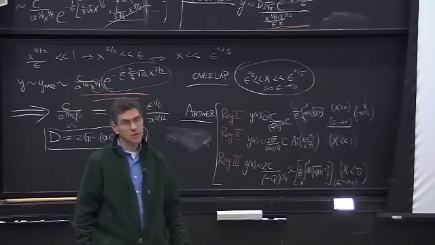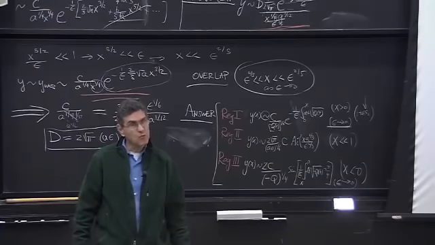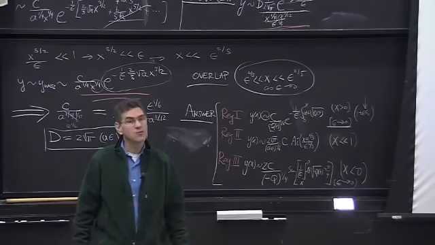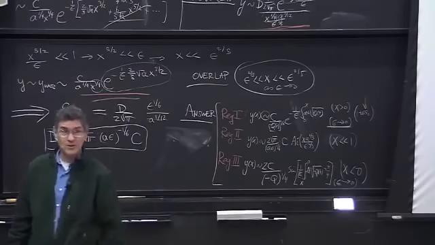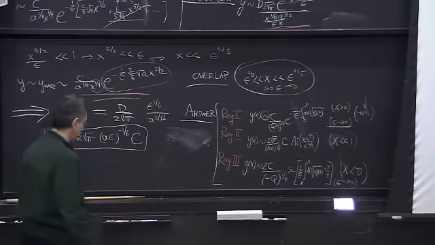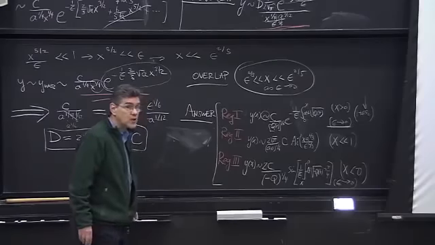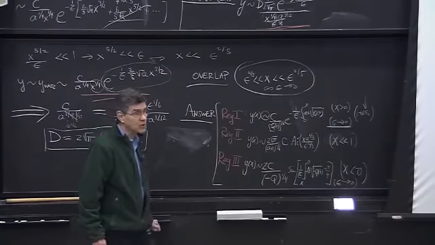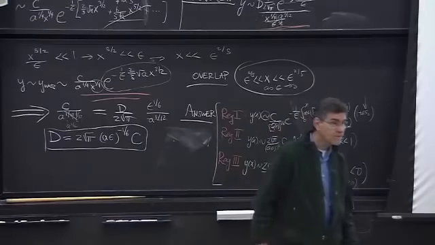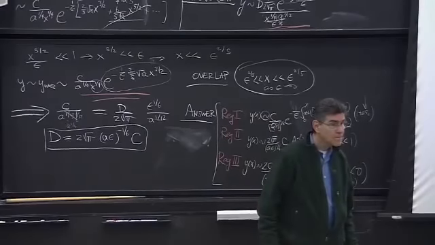No other conditions. They have to agree term by term, and they do, which is fantastic. You really have to agree. This is a phenomenal calculation. I just showed you the leading order, but order by order, it has to work. Yeah? What happens to the overlap region?